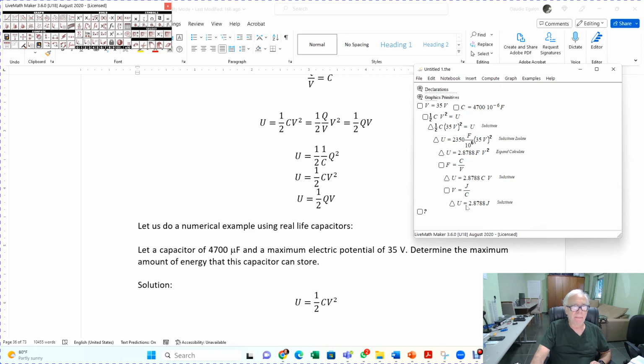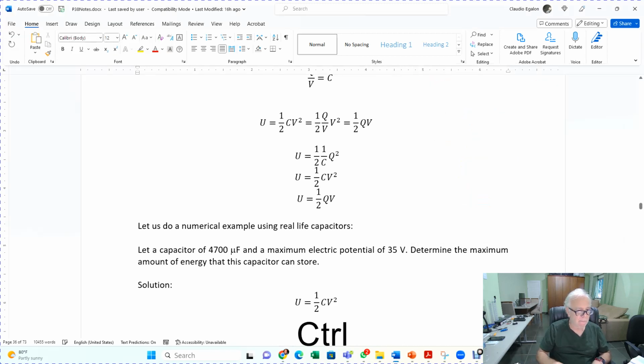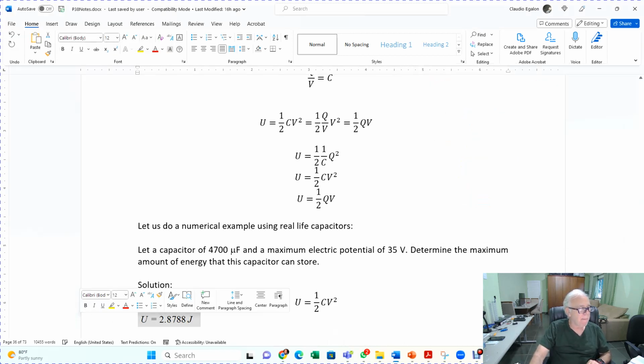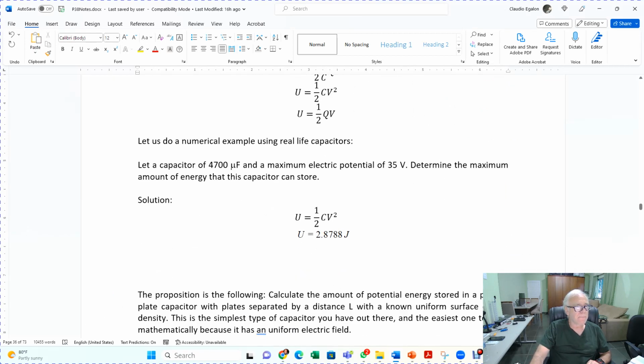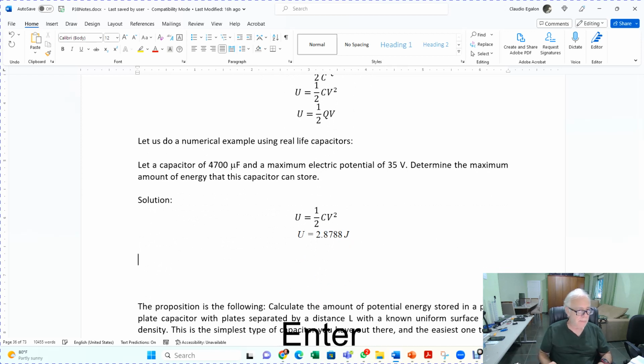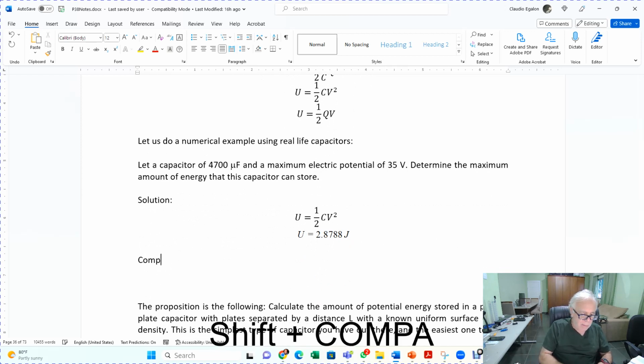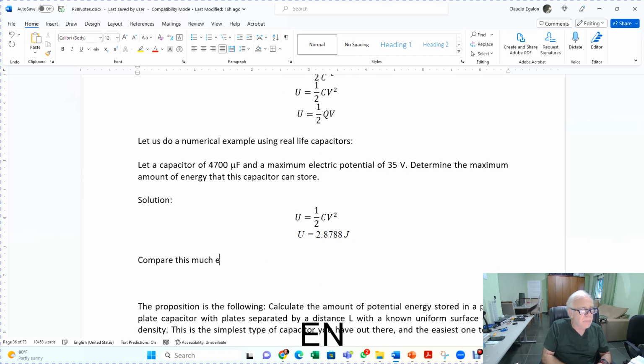Compare this much energy to that of a 1 kilogram block raised 1 meter above the ground.